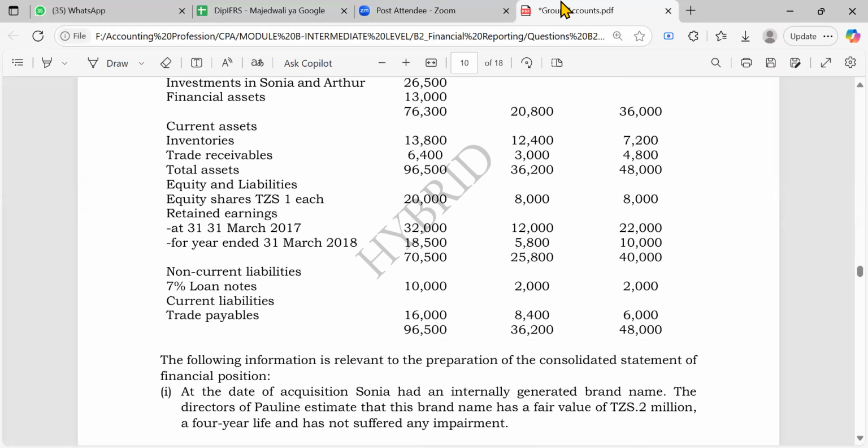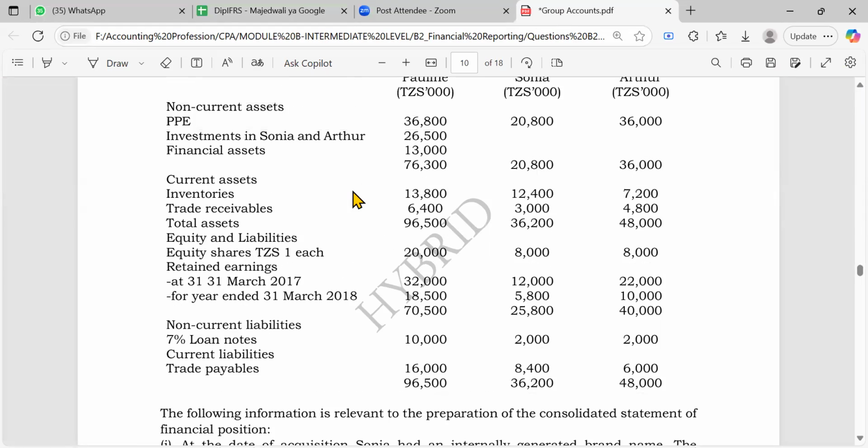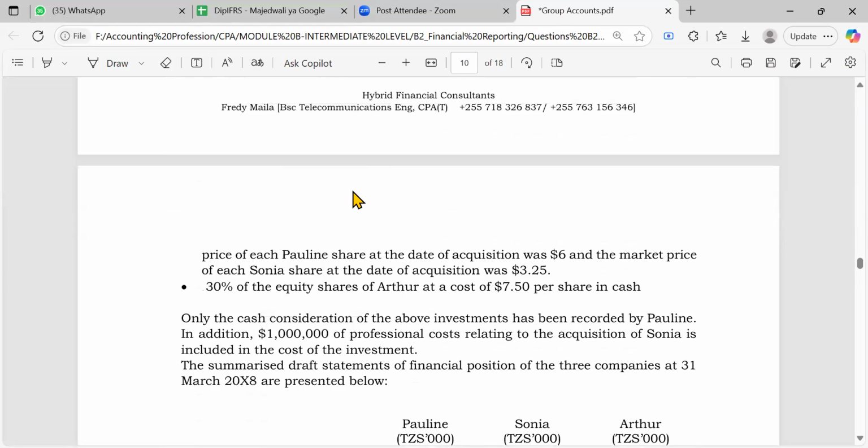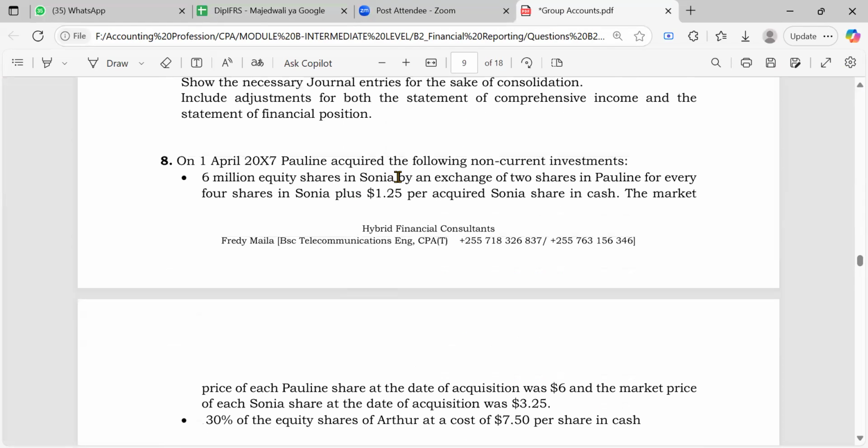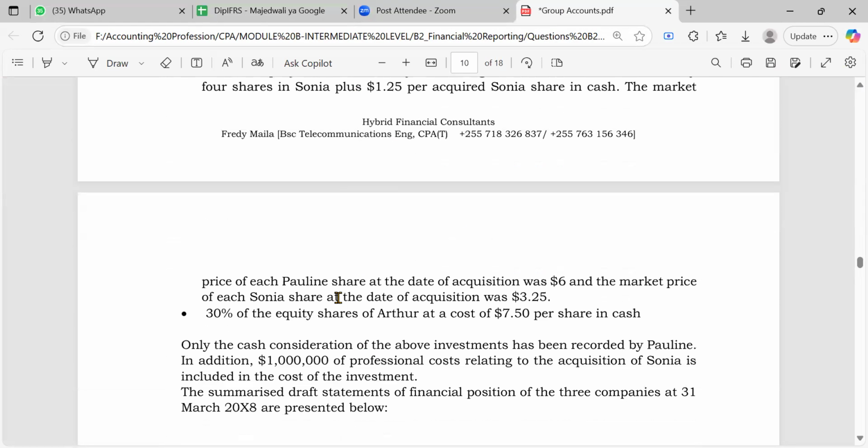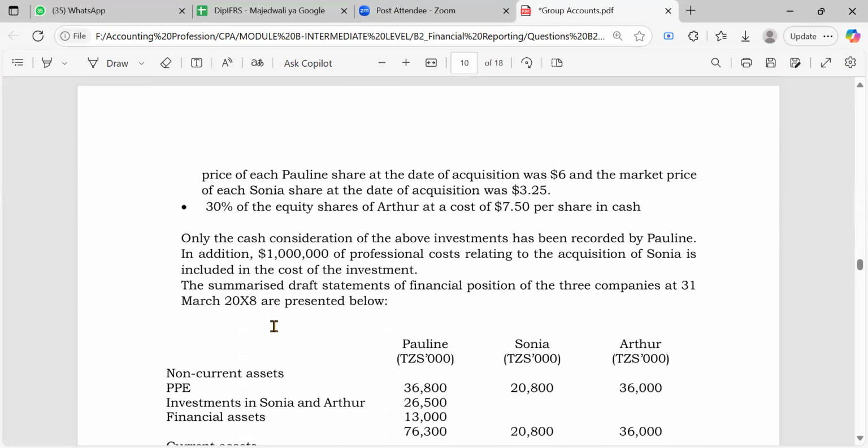Okay, so I think we can go on now. If you go down here, these are the figures for Other, the associate, I think. No problem, we can deal with it and finish it off too.